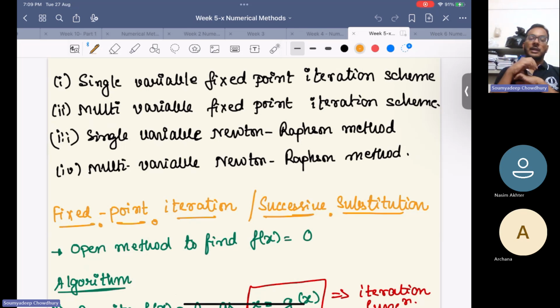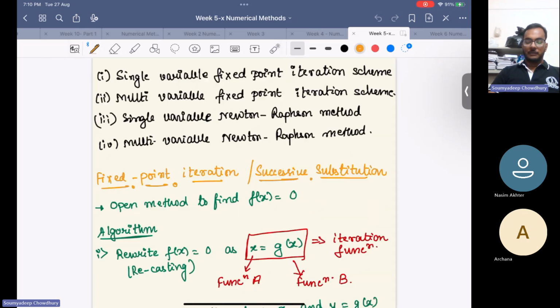Last week we had discussed two different schemes. One was the fixed point iteration scheme, and another was the Newton-Raphson method. The fixed point iteration scheme we discussed for single variable as well as multivariable. Newton-Raphson is one of the most popular numerical techniques for solving nonlinear equations, and we discussed in detail the graphical interpretation, which is the most essential.